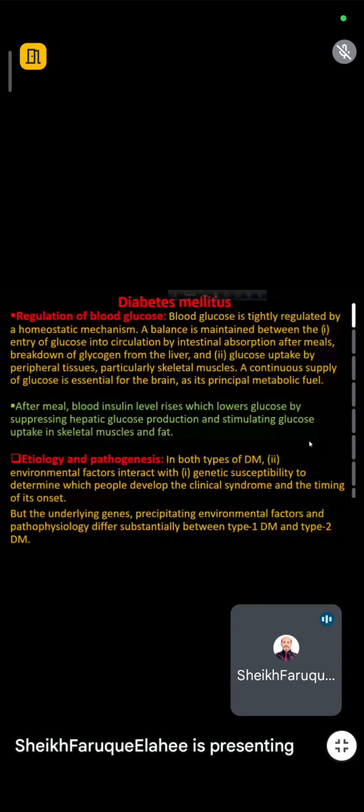Say I have genetic susceptibility. My father and mother had diabetes, but I maintain my body very well. I take less food and balanced food, and I exercise well, so I will not develop diabetes. That's why you must have genetic susceptibility as well as precipitating environmental factors.